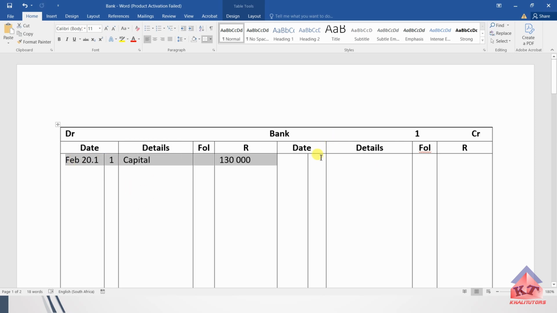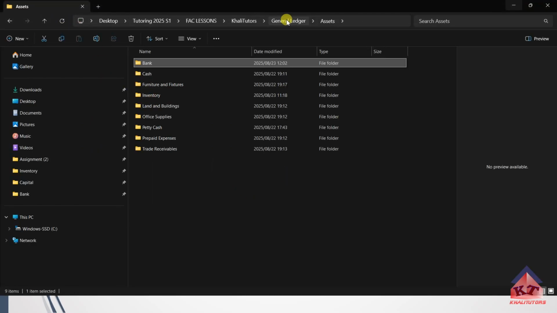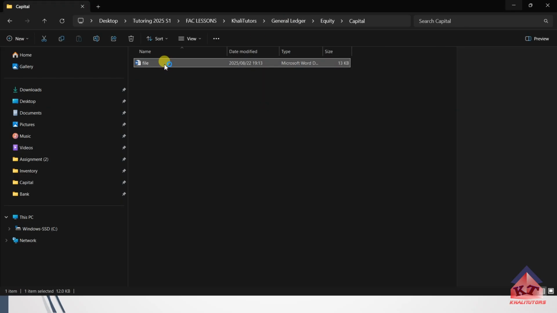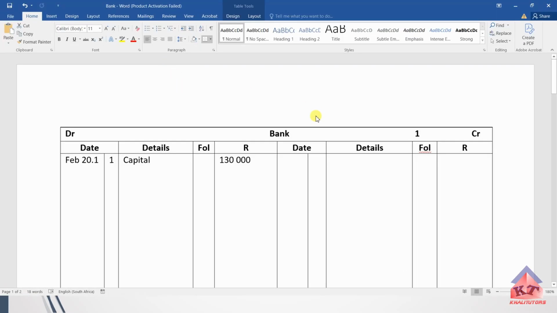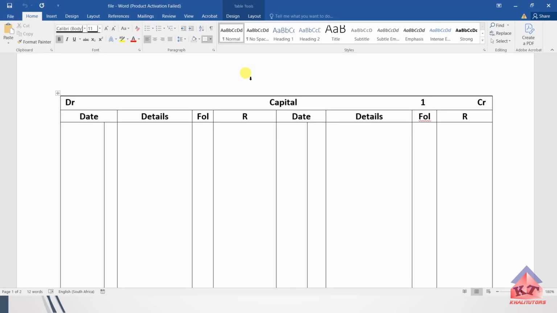The capital account is an equity account, so whenever we record an increase, we credit that account. So you go to your equity account. We are searching for capital, and this is the capital account. You need to record on the right hand side.